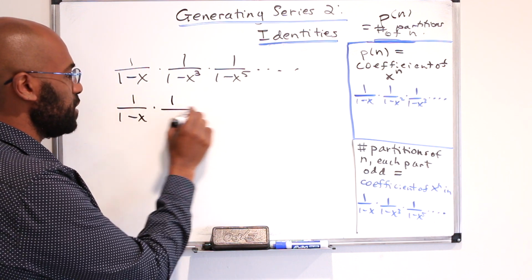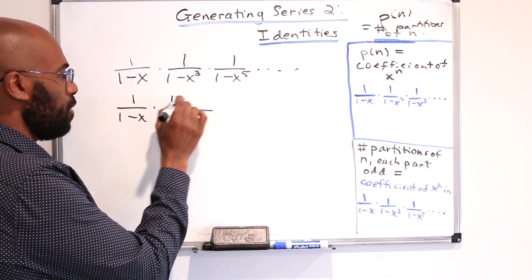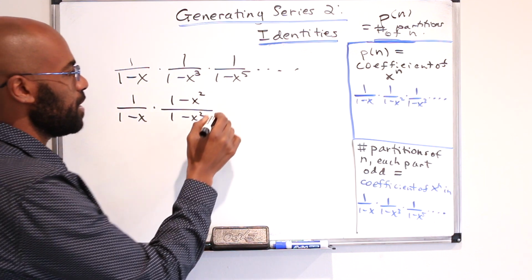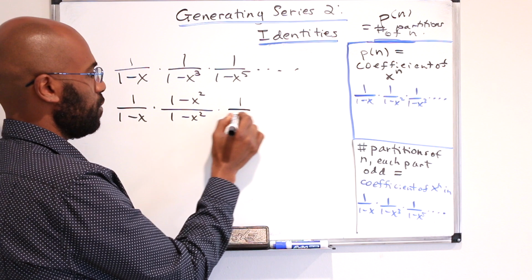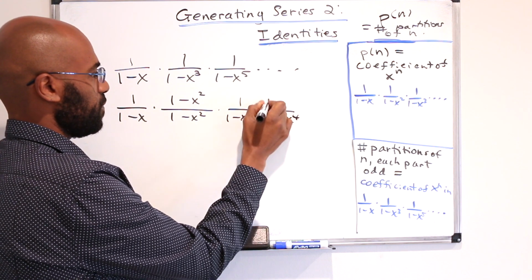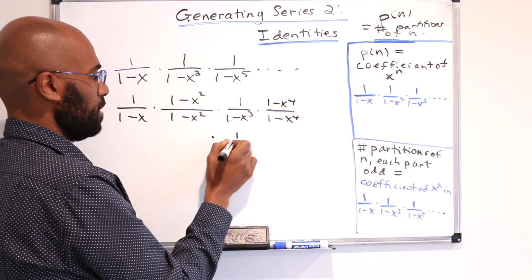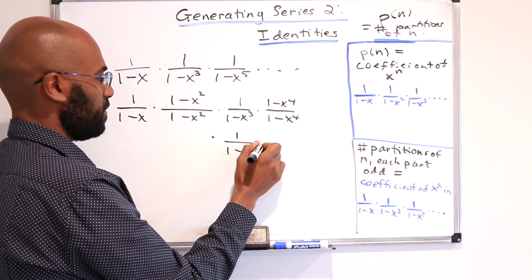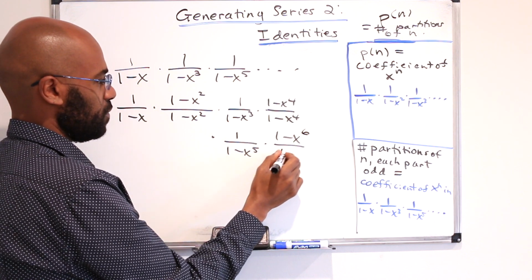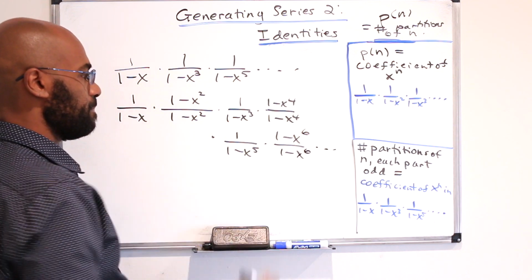So if we try to reintroduce them, like a 1 over 1 minus x squared, we need to have a 1 minus x squared in the numerator. Okay, so let's do that here. We'll have 1 over 1 minus x cubed times 1 minus x to the fourth over 1 minus x to the fourth. And then 1 over 1 minus x to the fifth times 1 minus x to the sixth over 1 minus x to the sixth, etc.